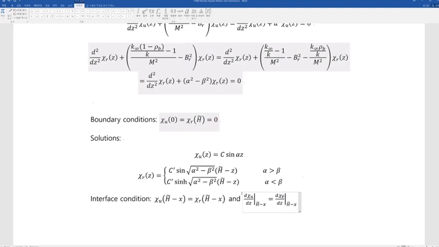Of course, this comes from the fact that neutron current is given by the diffusion coefficient D multiplied by minus the gradient of neutron flux. So if D in the loaded and unloaded volumes are the same, then we are going to get this equation.